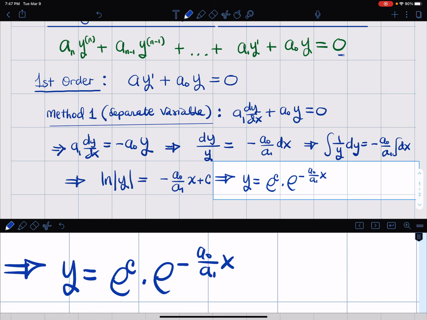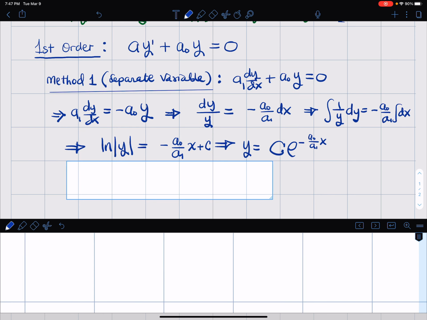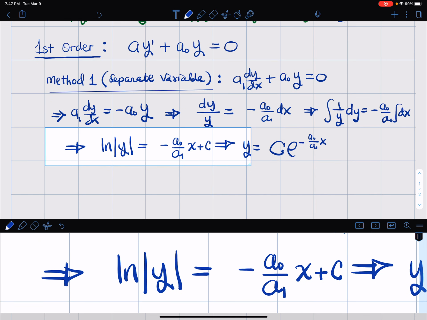Or instead of writing e to the c, we can just write it as c. All right, so this is how we solve it by separation of variables.